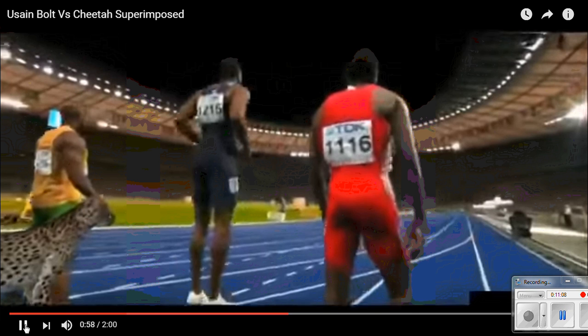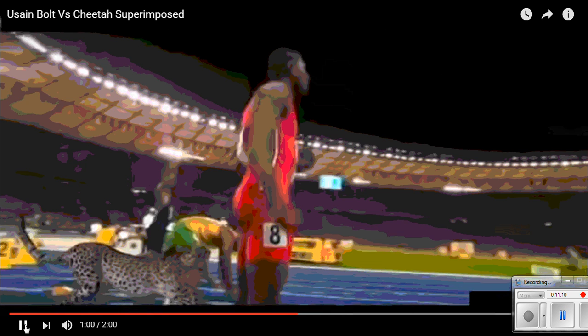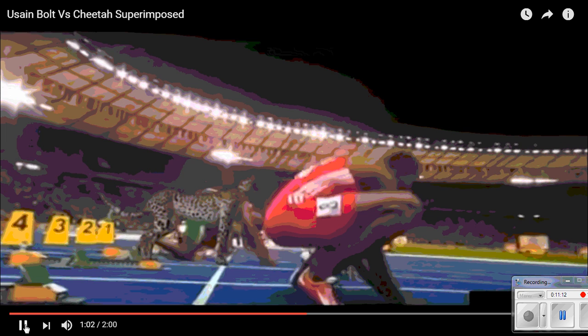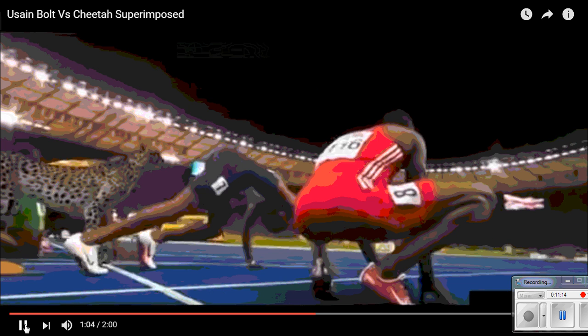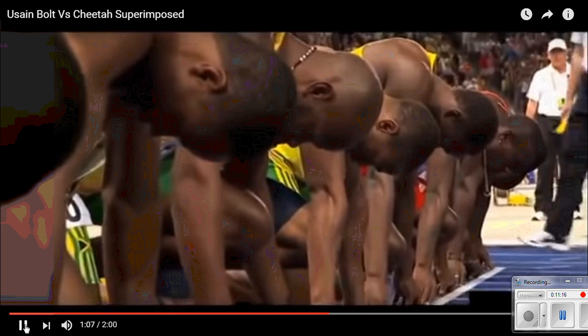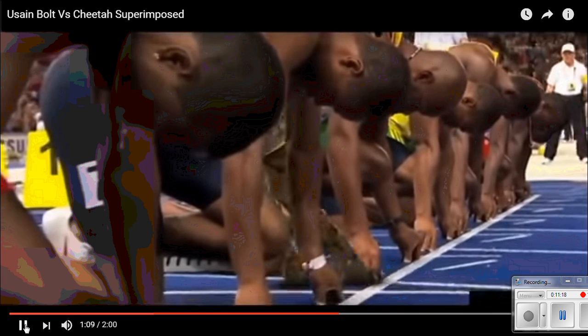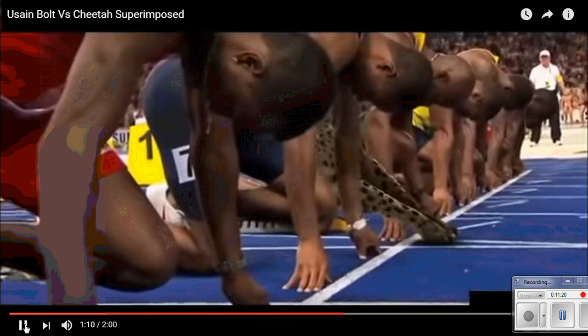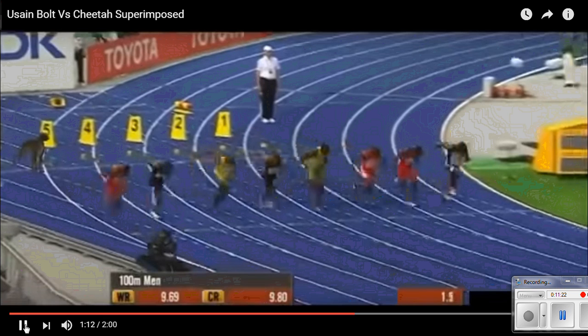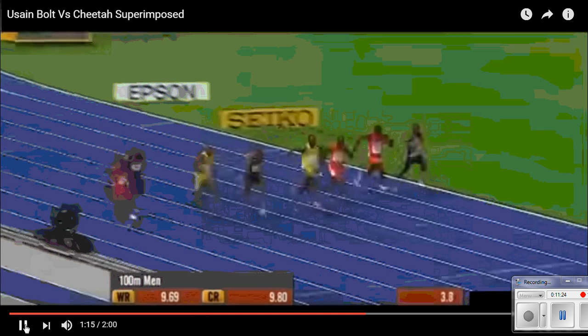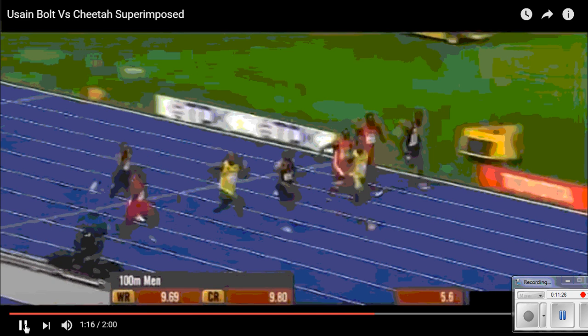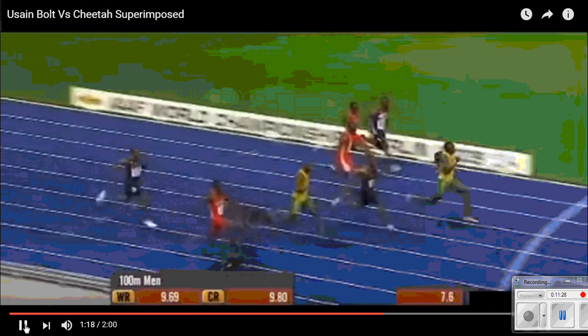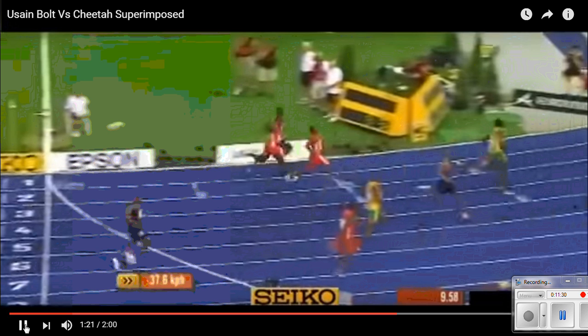How much would we have to hold back the cheetah to make a more even race out of it? Let's hold the cheetah in the starting block and spot Bolt as much as 40 meters out of 100. That would leave only 60 meters left to race. We release the cheetah. With amazing acceleration, she catches up, and they cross the line at the exact same time.